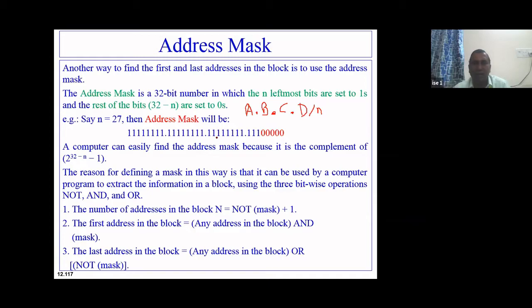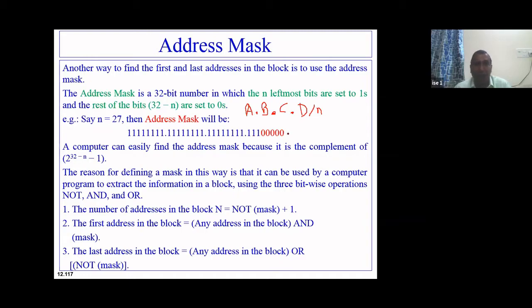Now suppose the size of the address mask is 24. Out of 32 bits, the first 24 bits you make all ones, and the remaining 8 bits you make all zeros. So that's the simple concept. You got the idea? And the not of mask: if you take not of this, all ones will become 0 and all zeros will become 1.